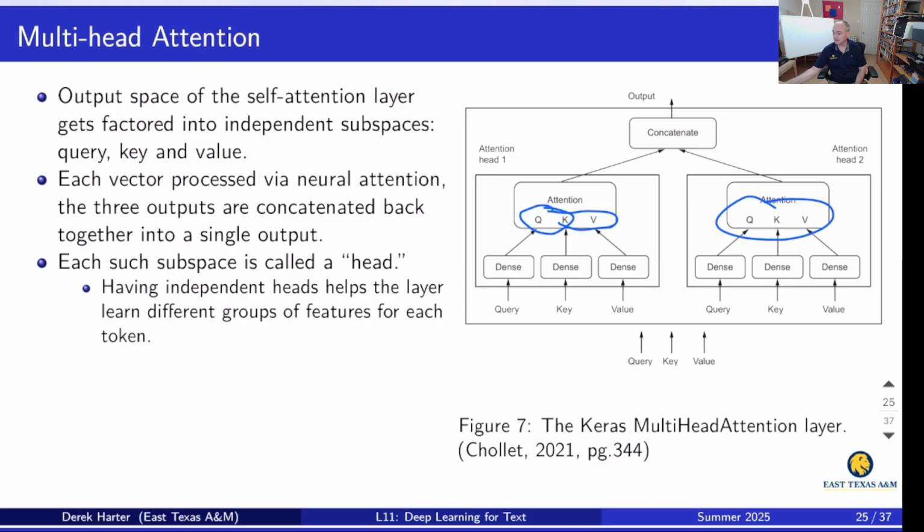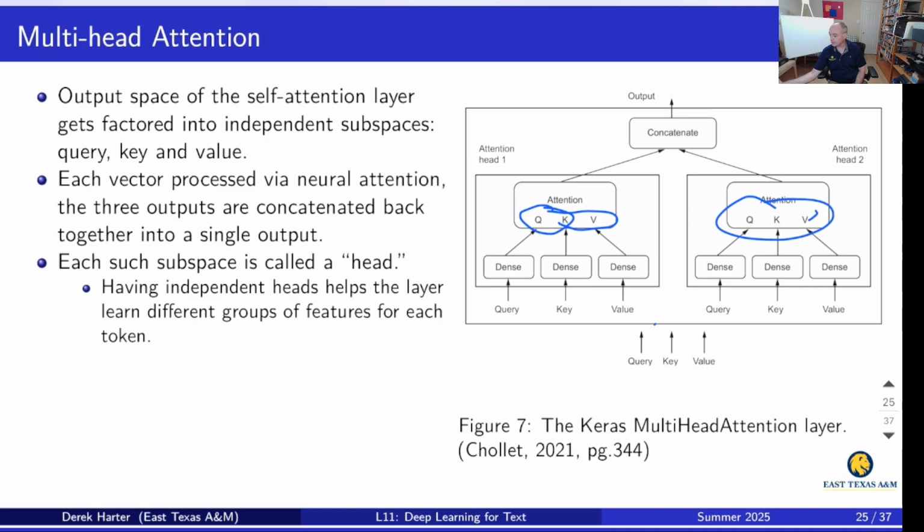But each one of these is doing a similar thing to what we talked about before, where it gets the query, key, value and performs that self-attention mechanism. But it can do it a little bit differently for each one of the heads because it has separate matrices that are multiplied by the query, the key, and the value. Okay. But it is doing that attention mechanism.